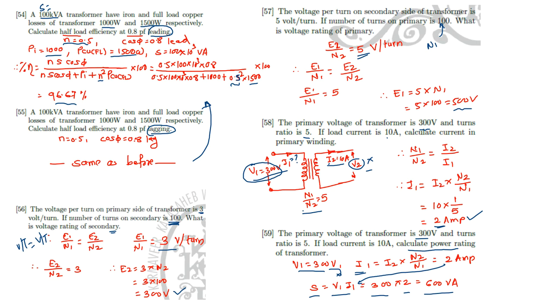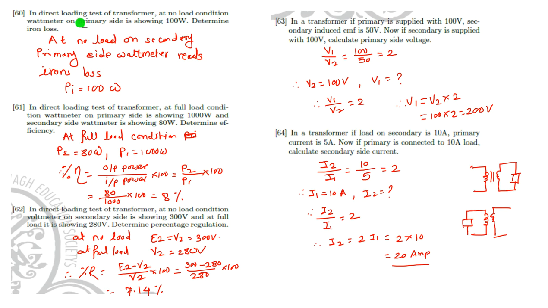Okay, let's discuss the next slide. In direct loading test of the transformer at no load condition, wattmeter on the primary side is showing 100 watt. Determine the iron losses. In the direct loading test, we know that this is the primary side current and this is the primary side wattmeter. It is connected to the primary winding of the transformer.